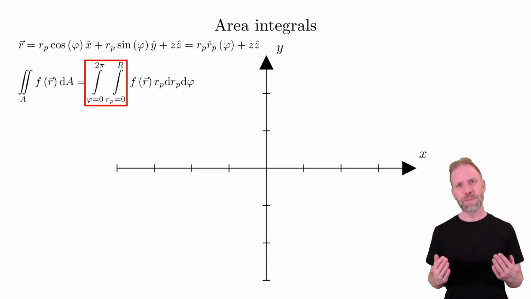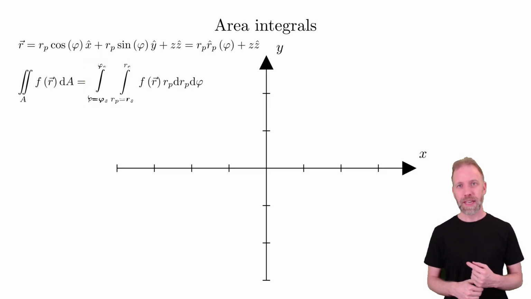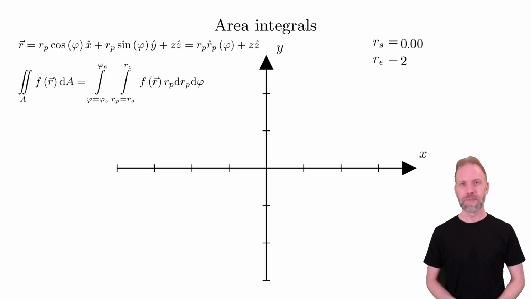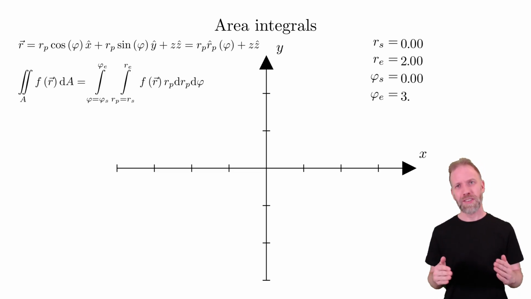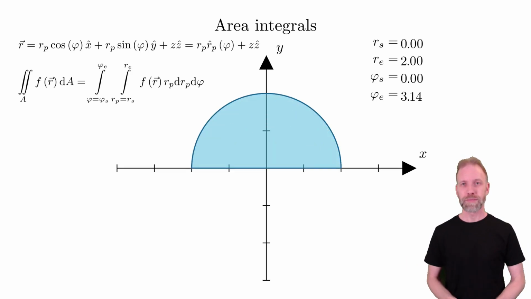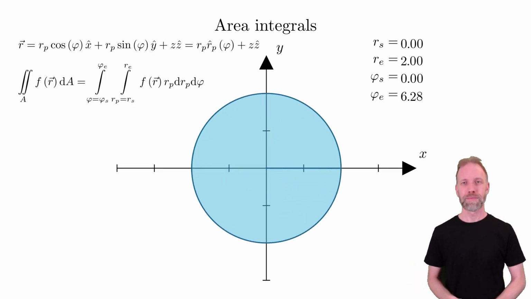Let us consider a more general case. Let phi go between phi s and phi e, and r between rs and re. Now we can visualize what happens if we vary the values of these limits. Start by varying the upper limit for phi and the lower limit for phi.